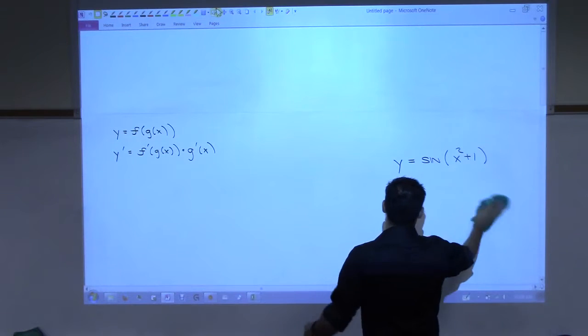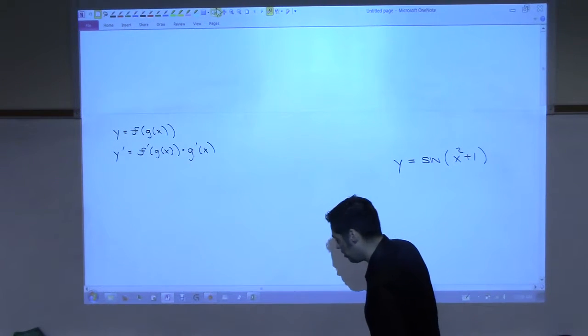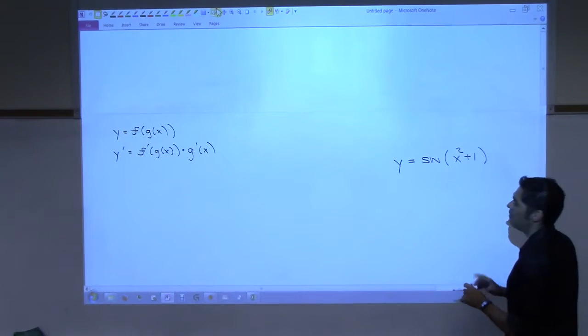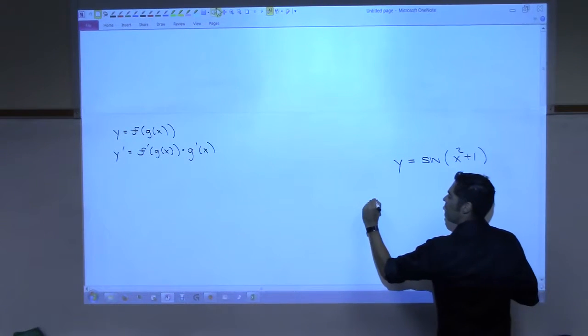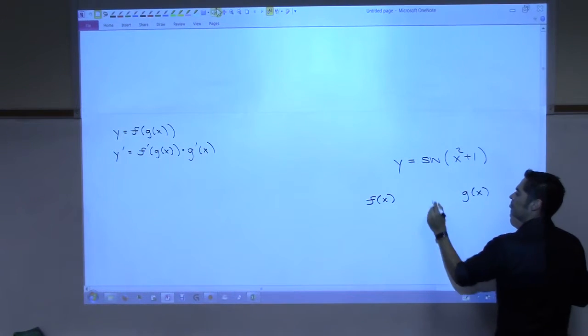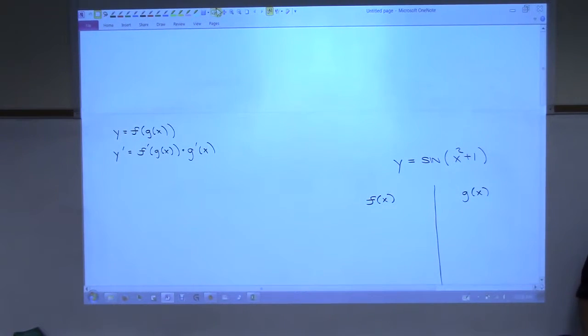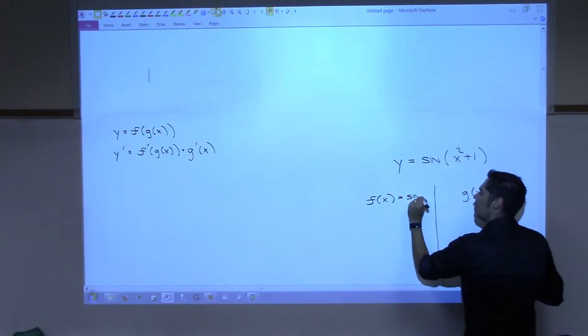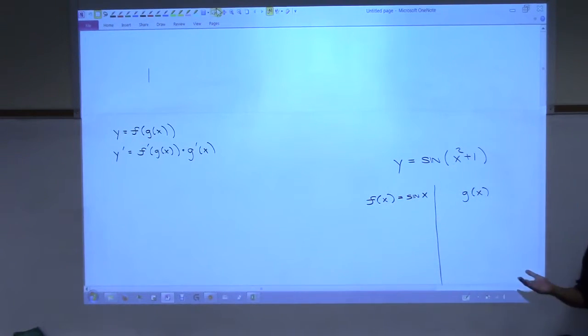So just to get us started, I'm going to write down what is f of x and what is g of x. So tell me what f of x is in this problem, and tell me what g of x is. You already told me. Sine, right? But how am I going to write that? I can't just write sine, because it would just be sine. We say sine x, right?